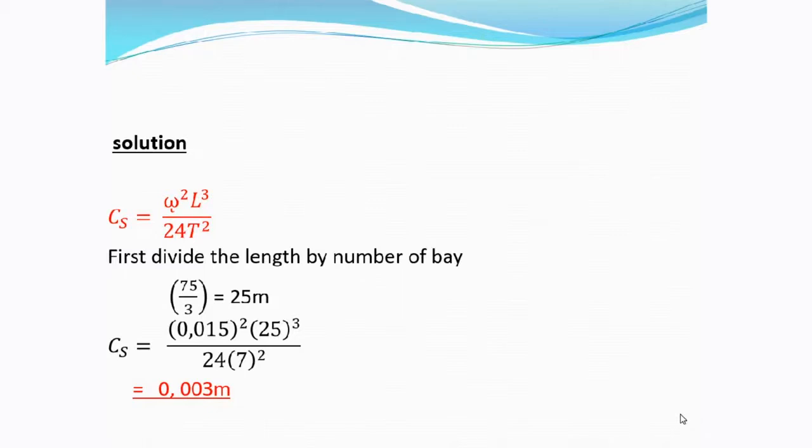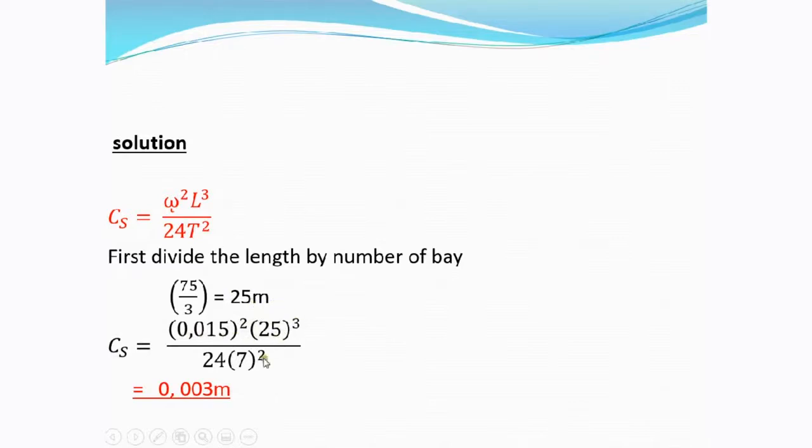So the first thing when you are given this kind of question, you first need to look at the number of bays. We were told that the measurement was done in 3 equal bays. So first we need to divide the given length, which is 75, by the number of bays, so that we'll know the length for 1 bay.